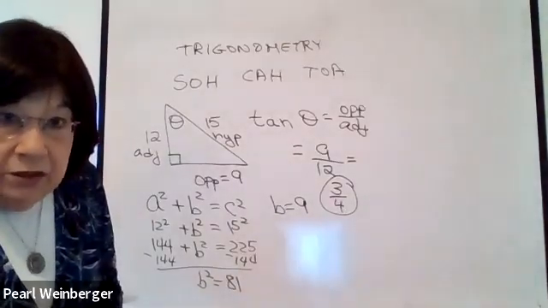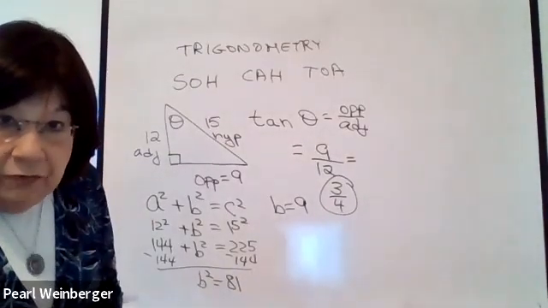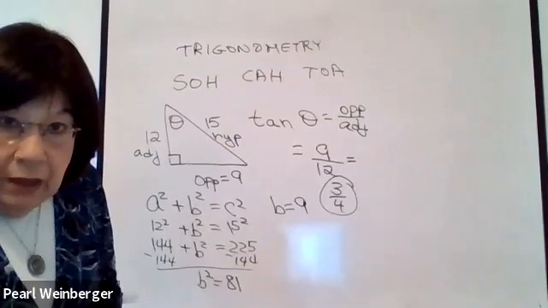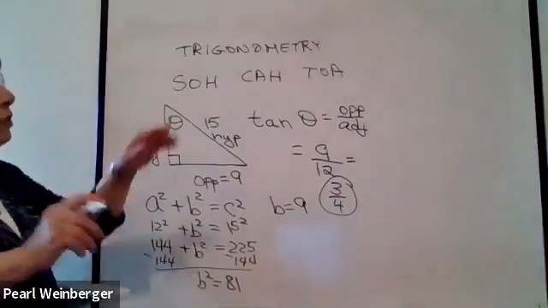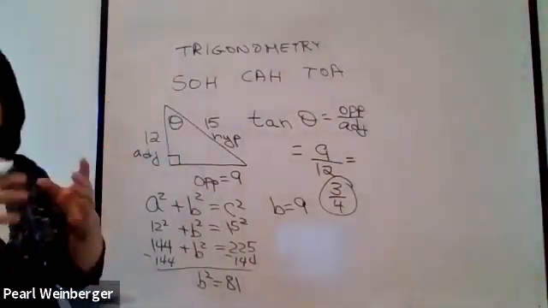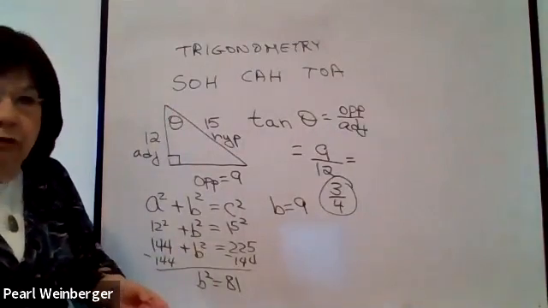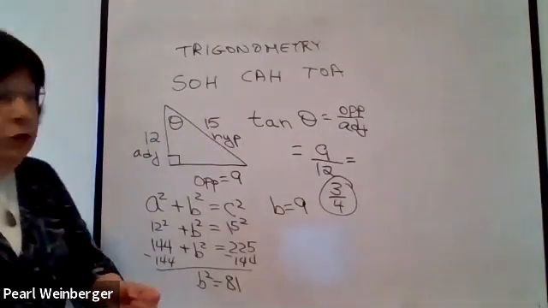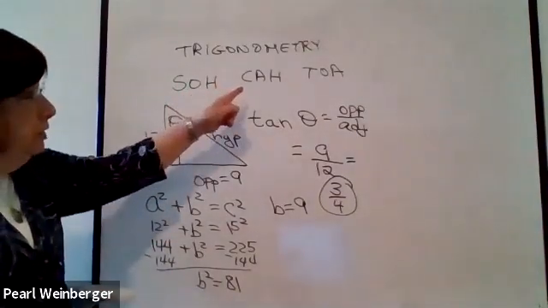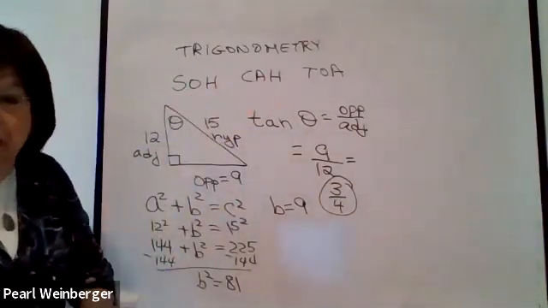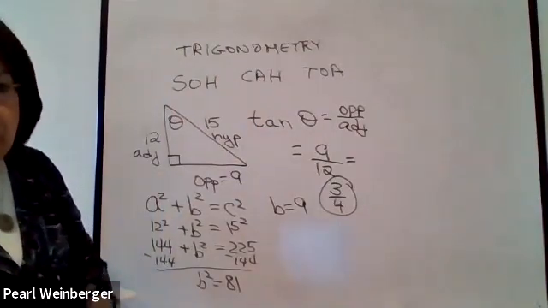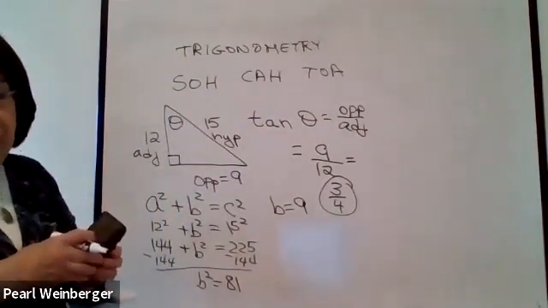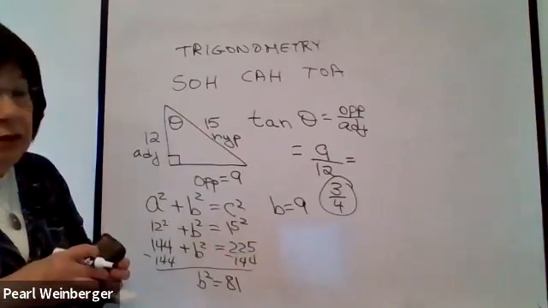Okay, so I would like to go one step further. I told you there actually are 6 trigonometric ratios that we have to know. We have to know the sine, the cosine, and the tangent, but there are 3 others. I'm going to give you the 3 others, which are the secondary ones.